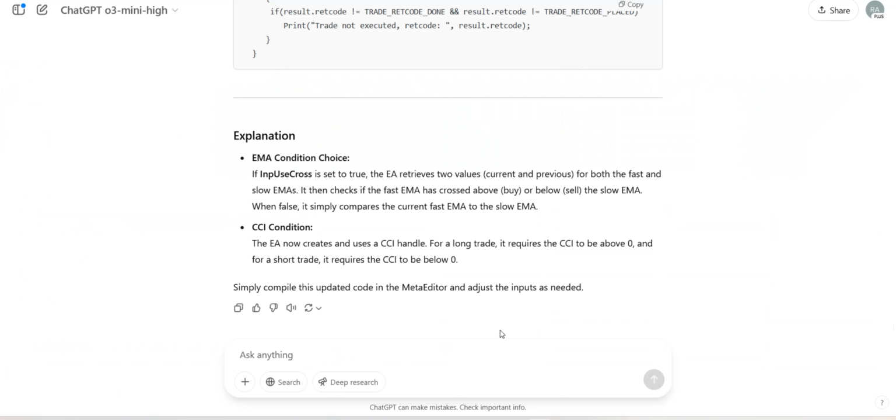One thing I want to add, please, not least, please, add input parameters for the CCI value as well for long and short separately.